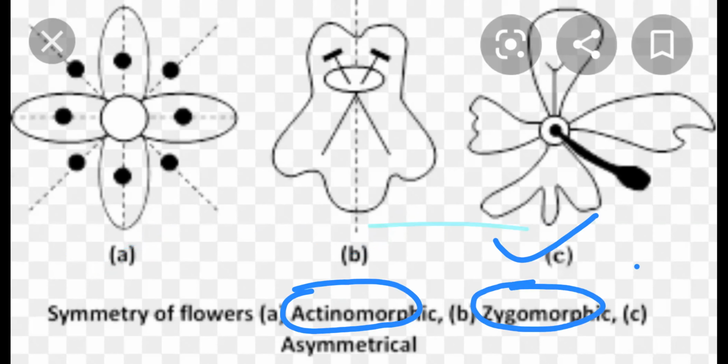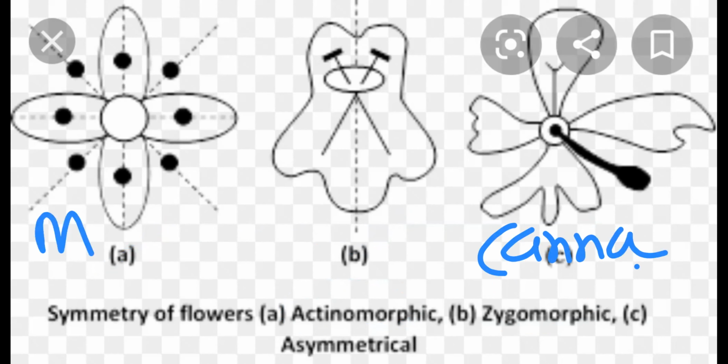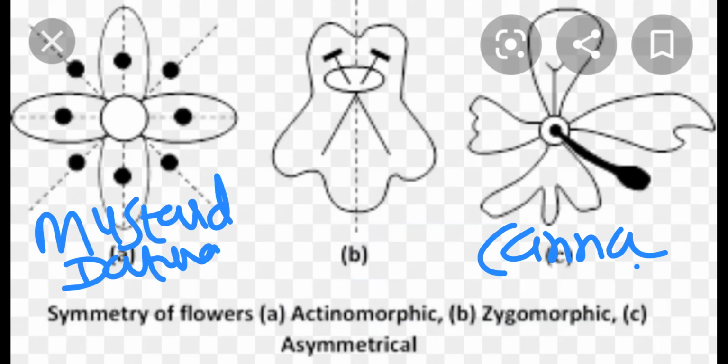Now, examples of this. First, for asymmetrical, canna flower. Then actinomorphic: mustard, datura, and chili.